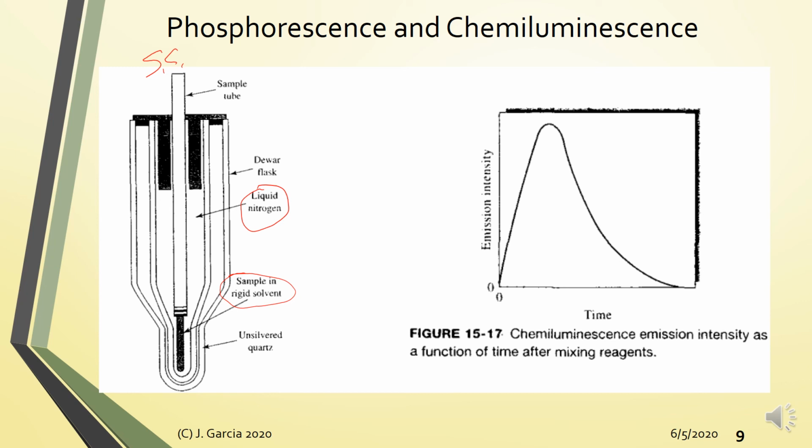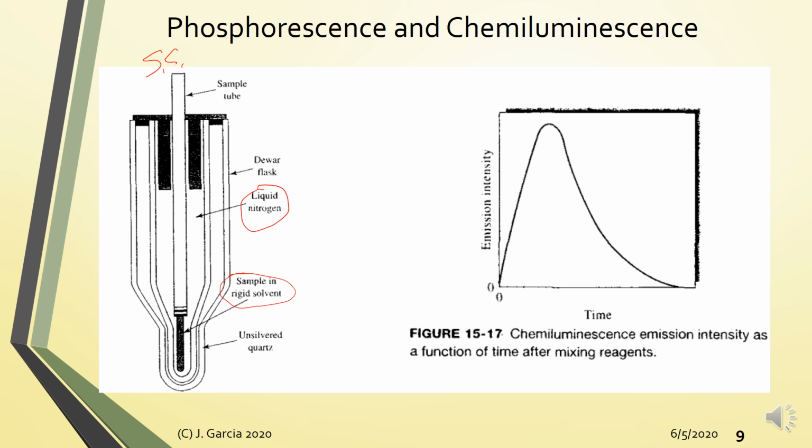This is to promote greater phosphorescence. I haven't actually seen a phosphorimeter in an actual laboratory setup, but usually phosphorimetry is used for trace analysis of some pesticides or persistent organic pollutants.